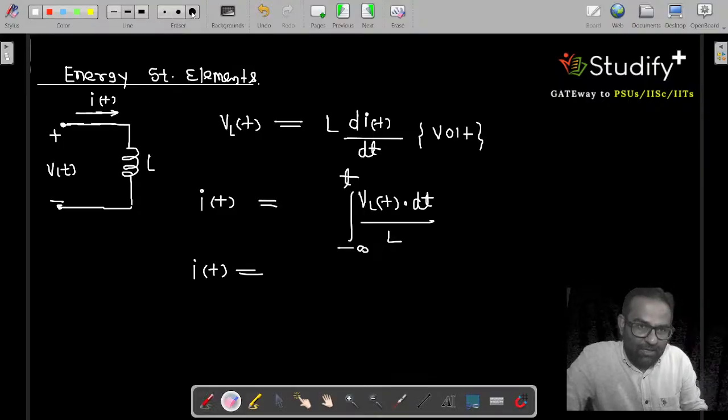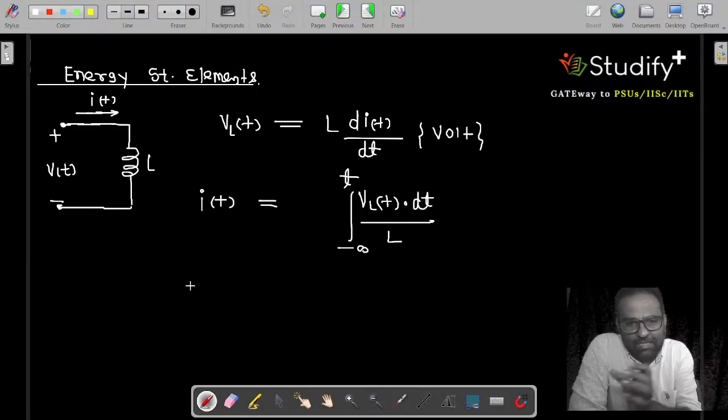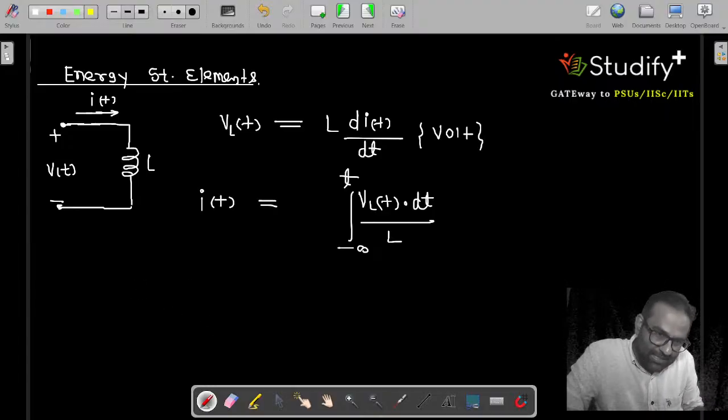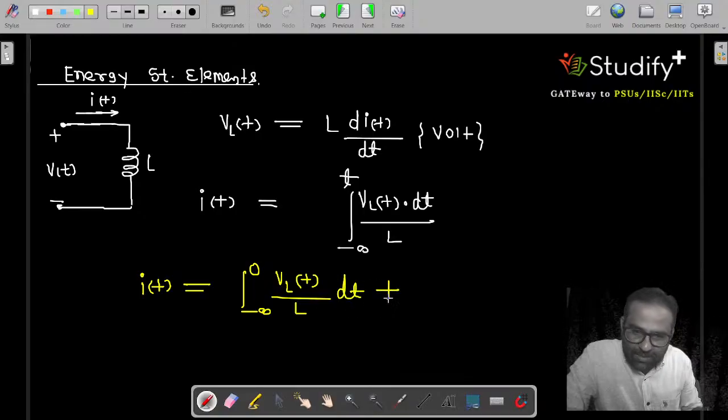Because this is a differential equation, and a differential equation gives a solution for t greater than 0 with the initial condition as the constant, i(t) can be written as the integral from minus infinity to 0 of v_L(t)/L dt, plus the integral from 0 to t of v_L(t)/L dt.